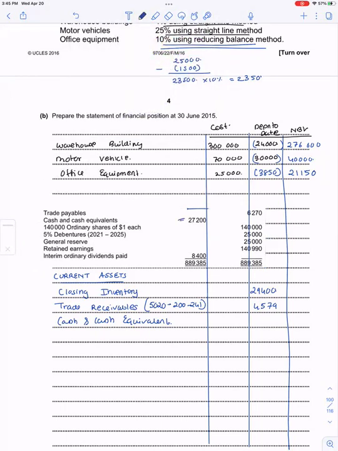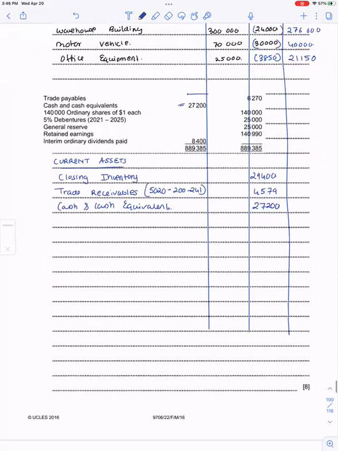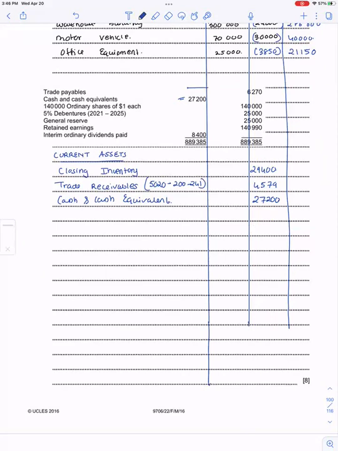Cash and cash equivalent is 27,200. I'm leaving some space over here for the equity and liabilities. We'll have then total assets. Then we'll have equity and liability.